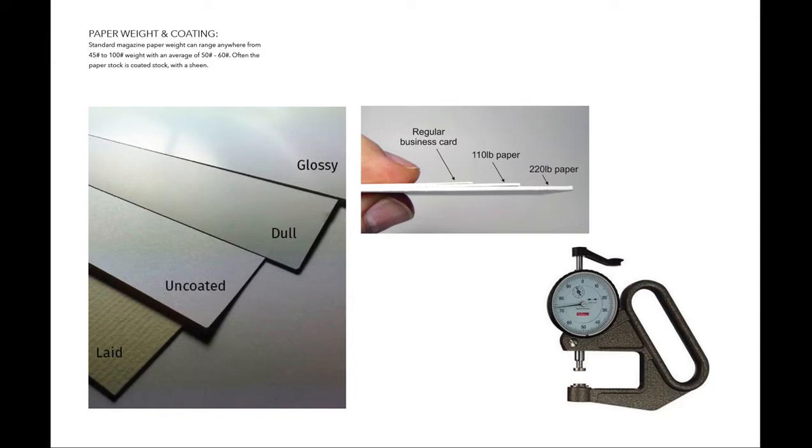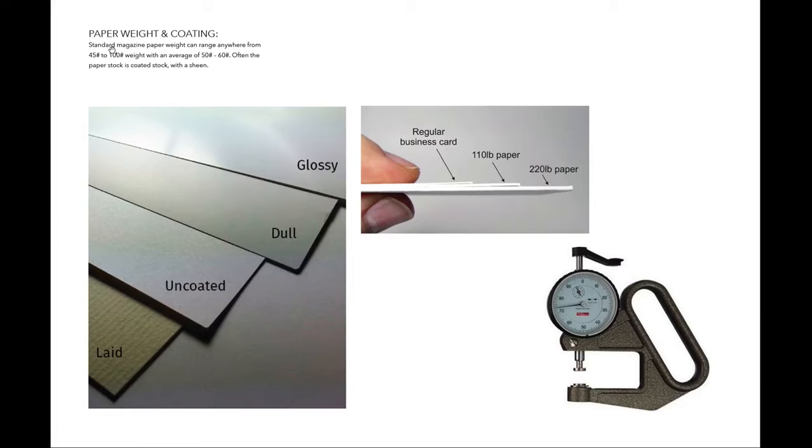Now, this is a little side fact. I don't know if I told you this last year, but I love this: with paper weight, this poundage came about because if you took a ream of parent-size sheets of a specific thickness, and you took 500 of those sheets and put them on a scale, what its basis weight would be determines the poundage of the paper stock.